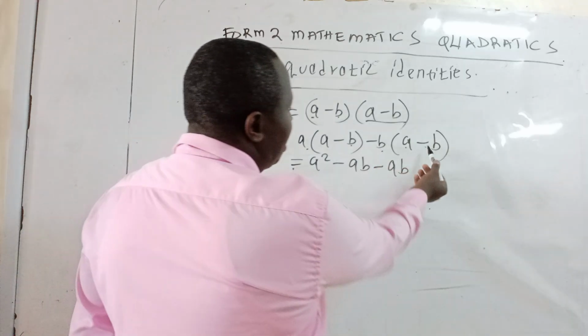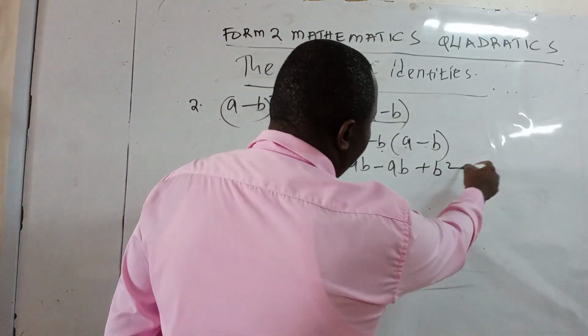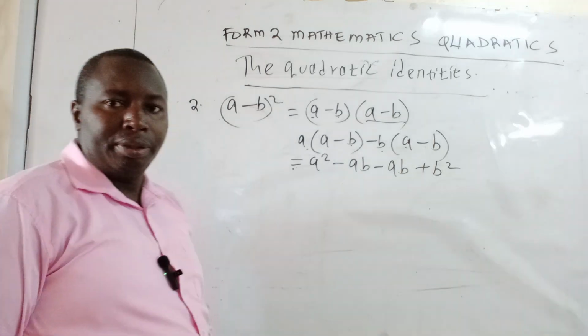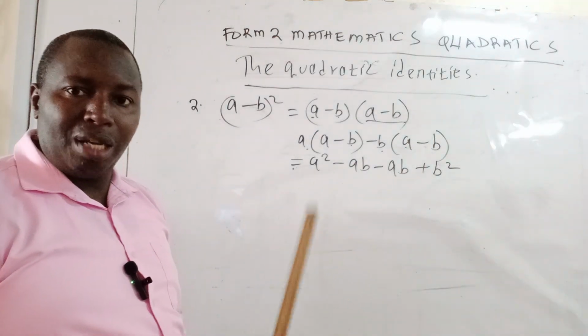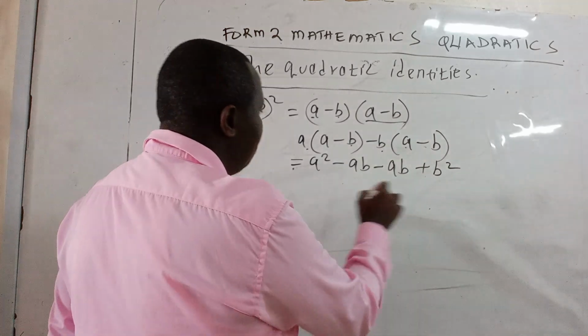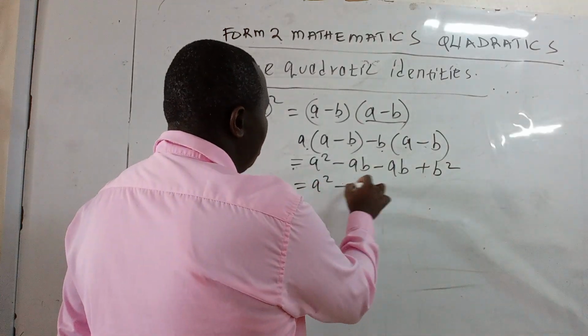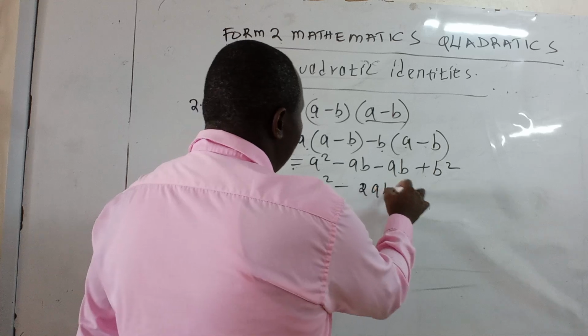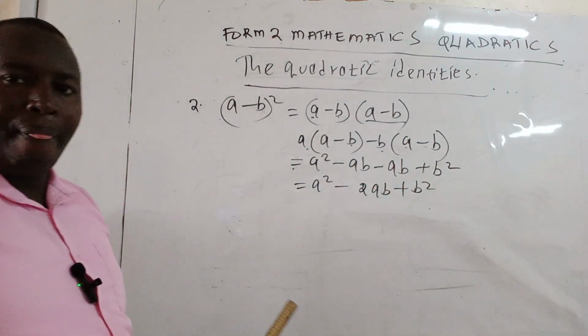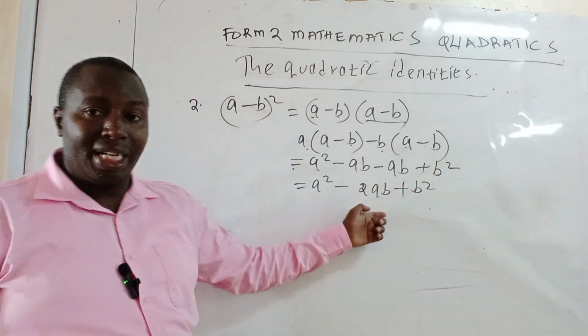Then minus b times minus b is plus b squared. Minus ab minus ab means minus 2ab. So it is a squared minus 2ab plus b squared. This is the second quadratic identity.